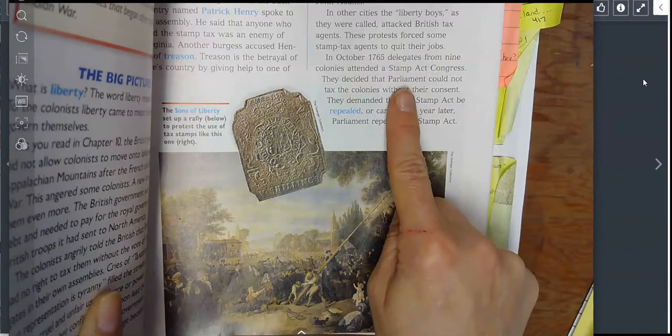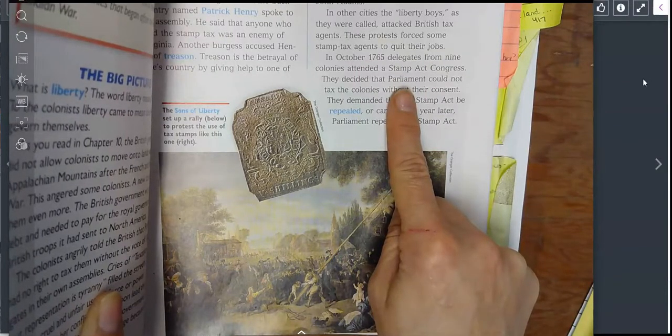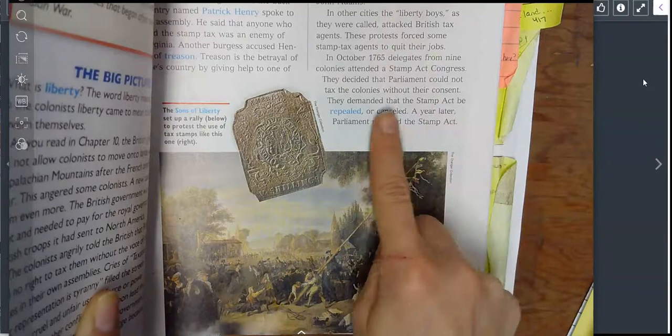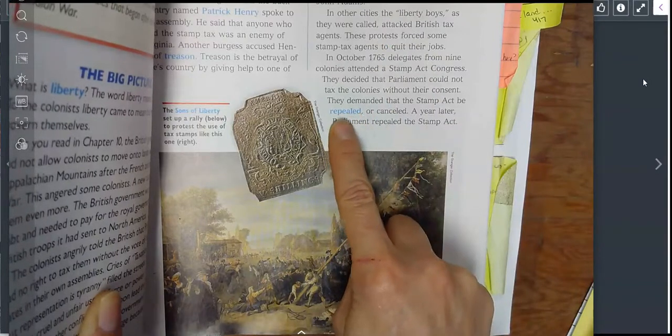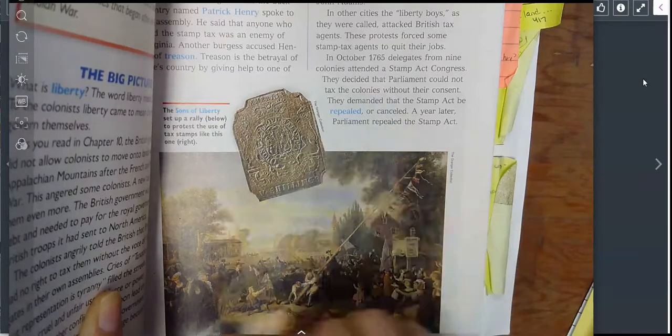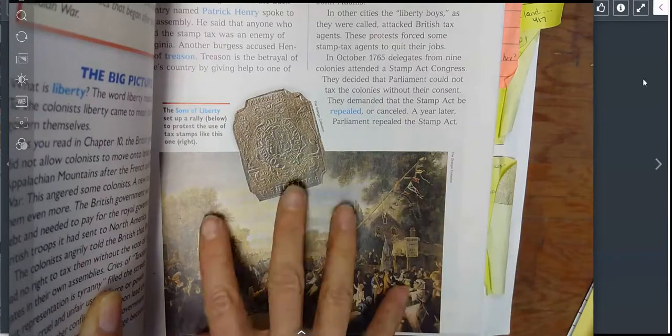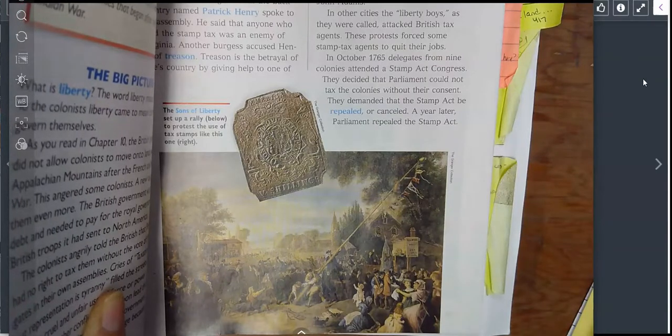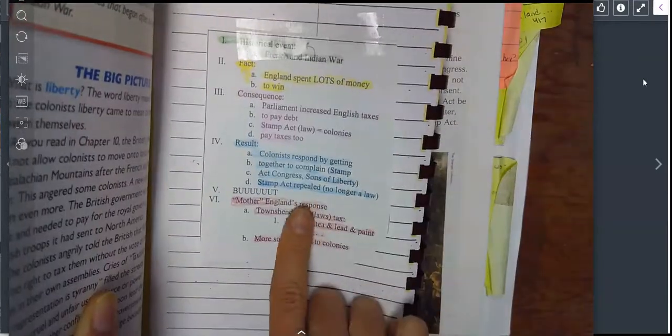And so Parliament was the group of lawmakers in England. Parliament in England decided, okay, we don't want to get the colonies upset. We will repeal the Stamp Act. And so after a year of all of this back and forth rebellion, the Stamp Act was repealed.